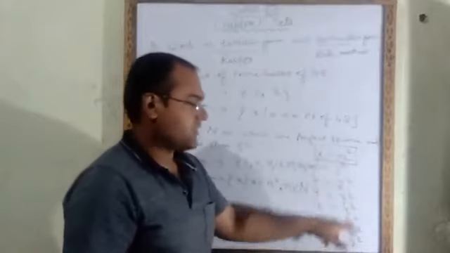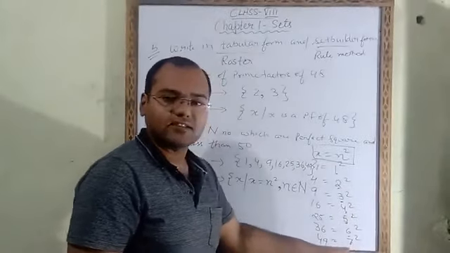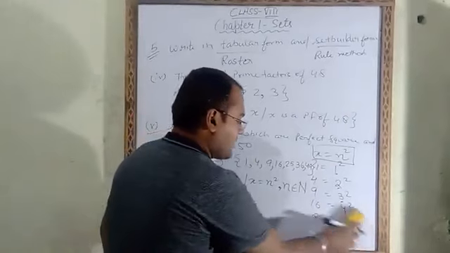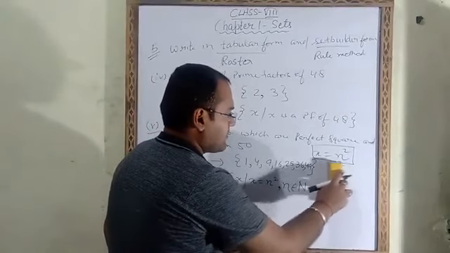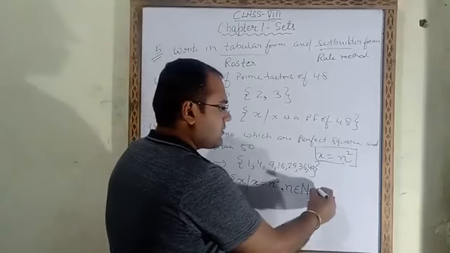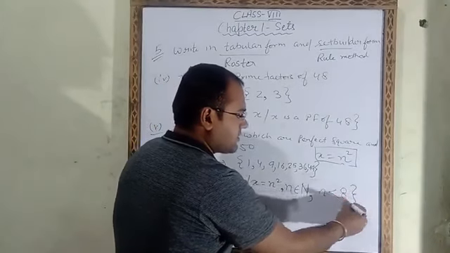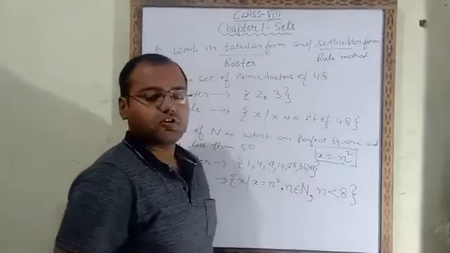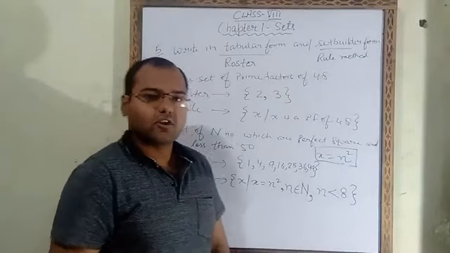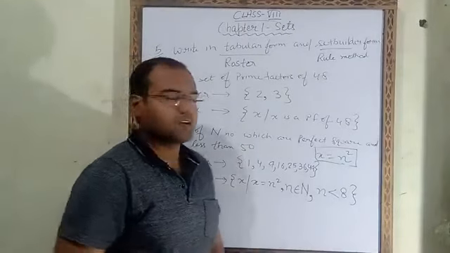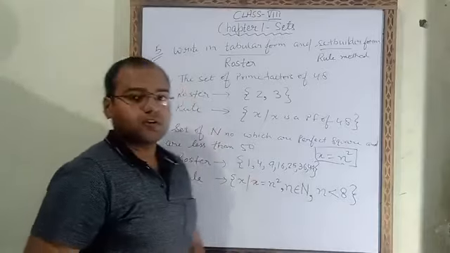Maximum value is 7. That means these all values are less than 8. So we have to write here n is less than 8. So this is the final solution of this question. So like this you have to do all the remaining parts of this question number 5.